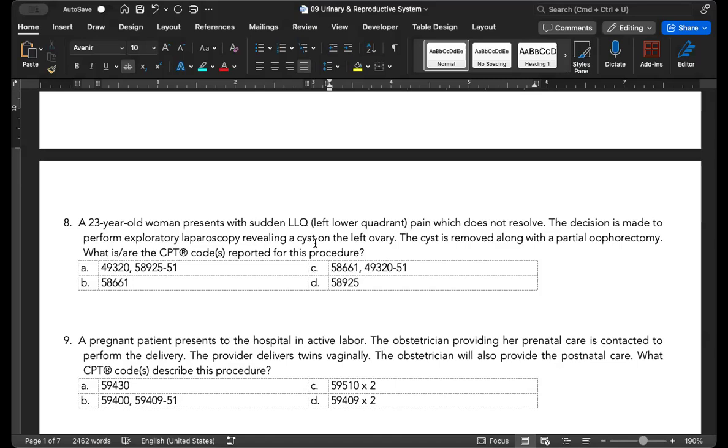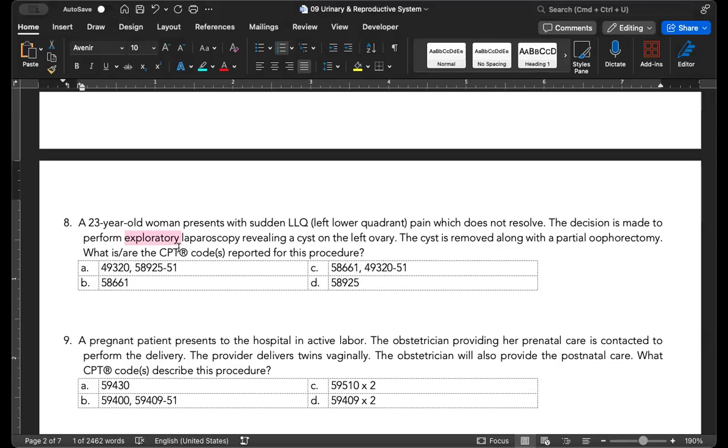When we're doing surgical laparoscopies, in this case, we're doing an exploratory laparoscopy, right? But then it did convert into a procedure where they did a partial oophorectomy. Think of exploratory as the same as diagnostic, because they're going in trying to figure out what's wrong.